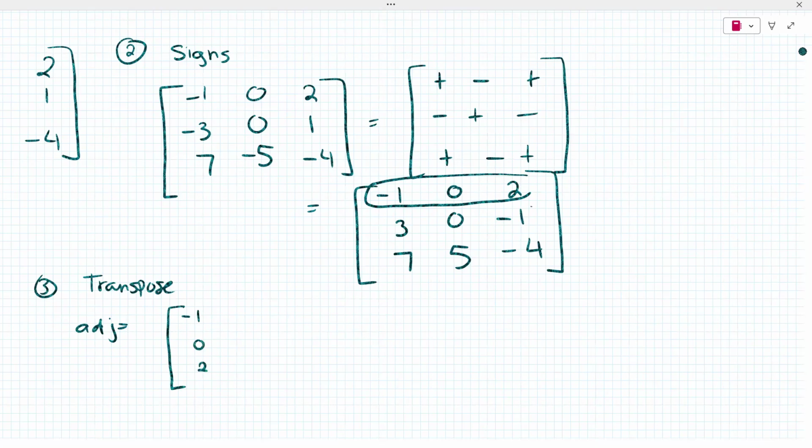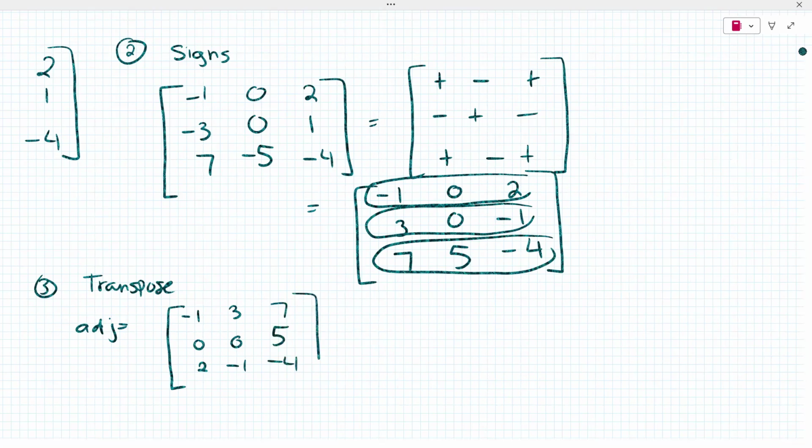And then imagine using this row and putting it down vertically, you get 3, 0, -1. And then this row, putting it down vertically, you get 7, 5. Okay. And then that's your adjugate, but they also wanted to find the inverse.